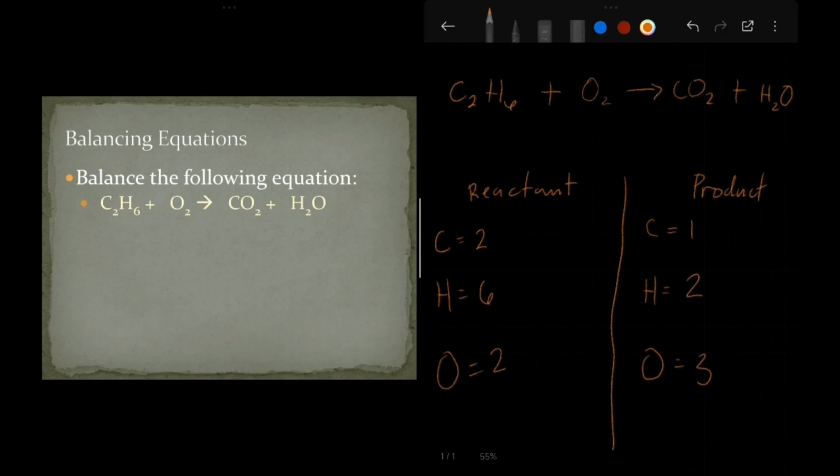Okay, if you're going to observe, this is kind of complex. So when you do trial and error, this will literally give you a confused answer or mixed numbers. Our carbon here is not balanced. You got 2 and then we got 1. So when you put 2 here, this is a possibility.